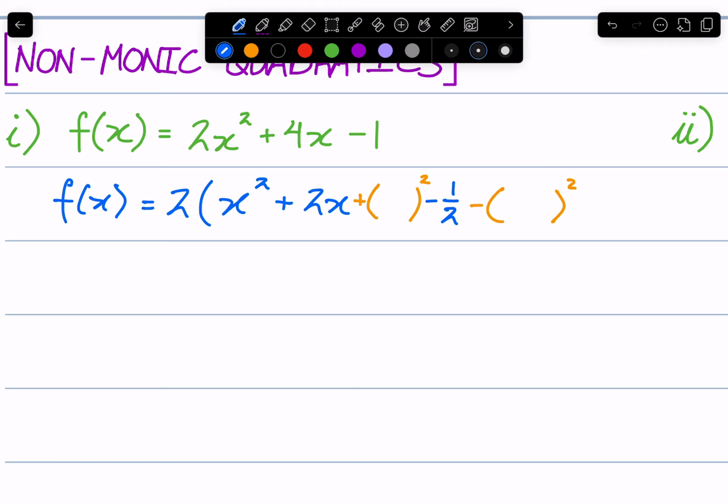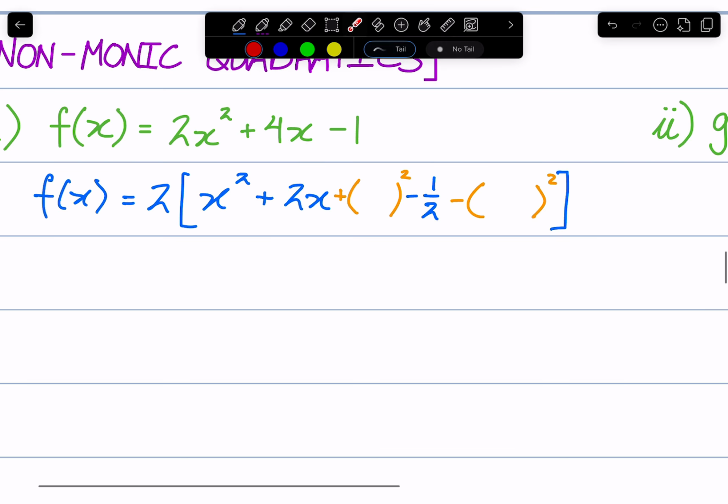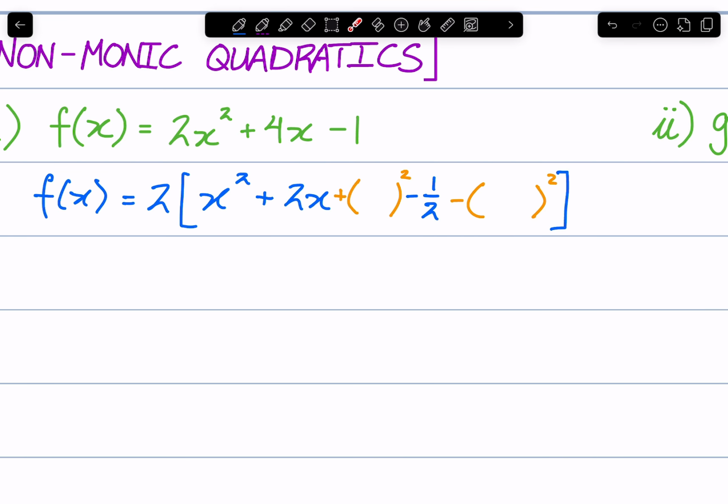And notice how all of this is inside this large bracket. I'm actually going to change this bracket into a square one to really help us understand where these brackets start and stop. And so now this process becomes the same.